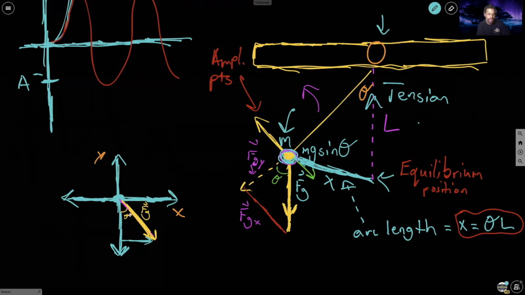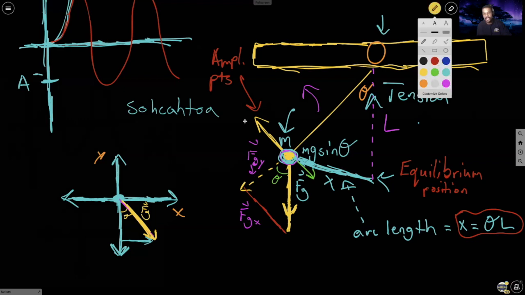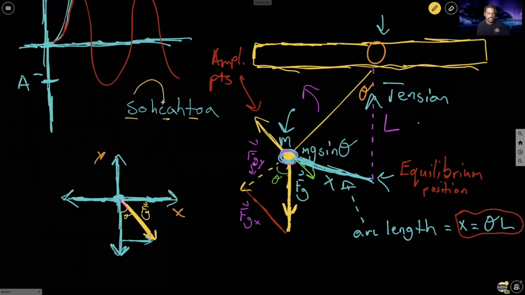So in trig, right, we know that SOH CAH TOA, right? Sine, opposite, hypotenuse, cosine, adjacent, hypotenuse, tangent, opposite, adjacent. And we're paying attention to the tangent, cosine, and the sine, but in our case, it's really just going to be these two.